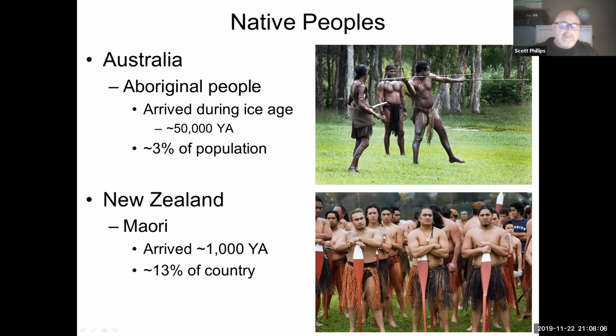There are native peoples in both Australia and New Zealand, but there are differences in when they arrived and also the relative size of the population. In Australia, you have their Aboriginal people, and they arrived tens of thousands of years ago. This is one of the most ancient and most mysterious migrations of people from Africa into other parts of the world.